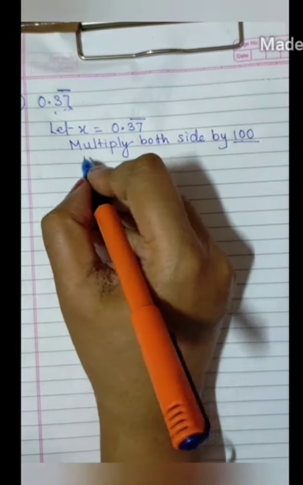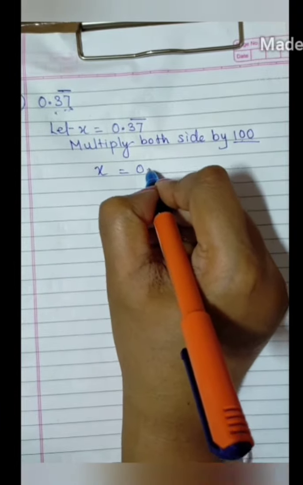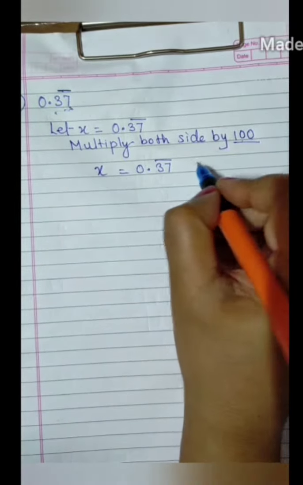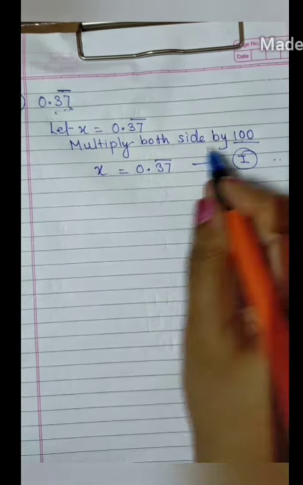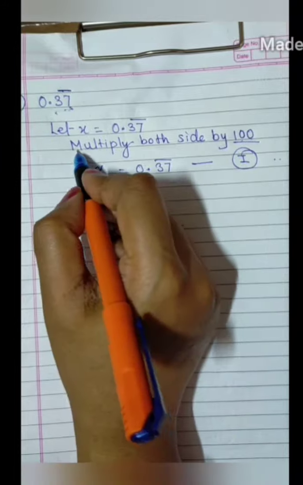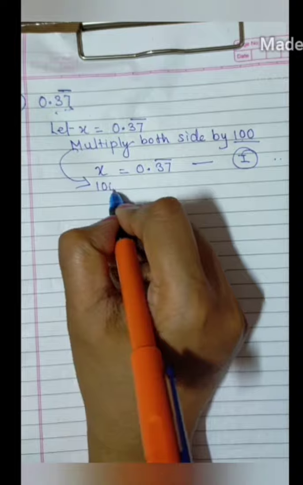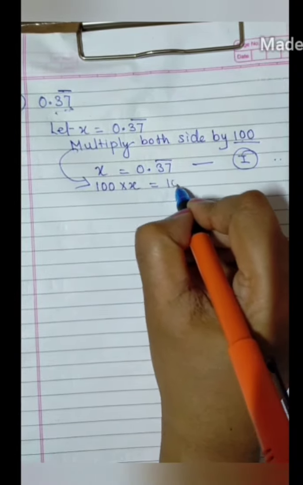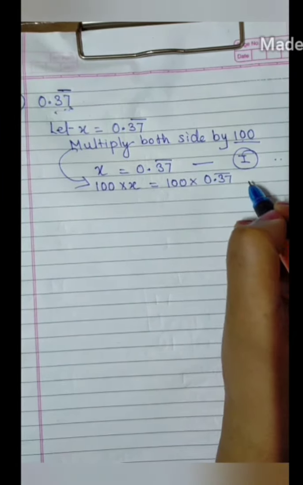Now I am writing x is equal to 0.37 bar. Okay, this is our first equation. Now we are going to multiply this. So 100 into x equal to 100 into 0.37 bar.